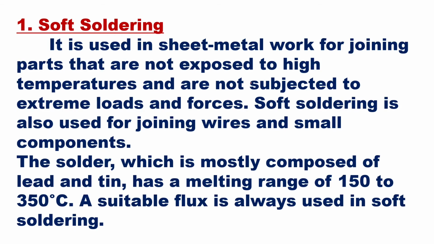It is used in sheet metal work for joining parts that are not exposed to high temperatures and are not subjected to extreme loads and forces. Soft soldering is also used for joining wires and small components. The solder, which is mostly composed of lead and tin, has a melting range of 150 to 350 degrees Celsius. A suitable flux is always used in soft soldering.